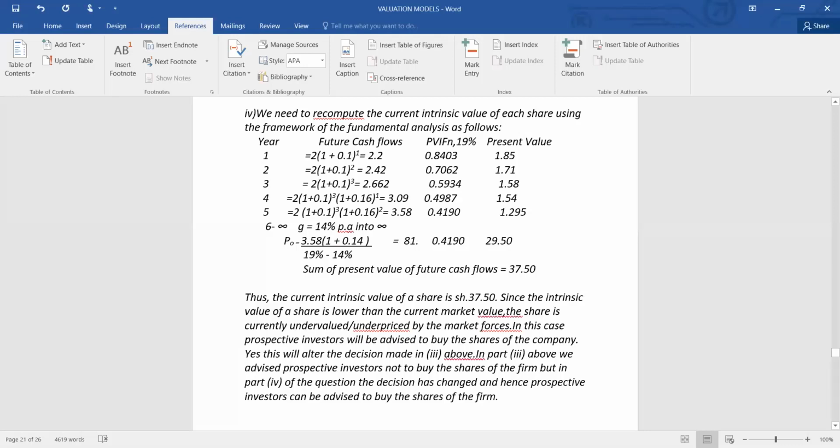It is 3.58 times 1.14 divided by 0.05. Yes, 81.624. Yes. 3.58 times 1.14 divided by 0.05. 81.62. Yes.